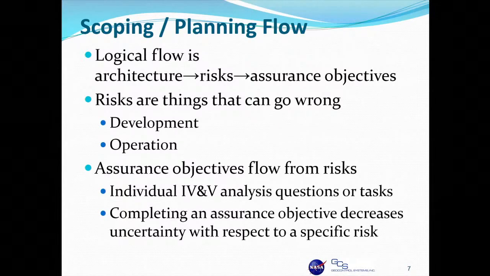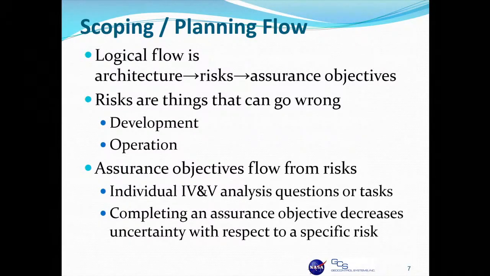So we can call risks the things that can go wrong, which can be either operational or development. So development risks would be coding errors, testing errors, and operational risk would be the malfunctions of the system in operations, things that aren't directly development related.